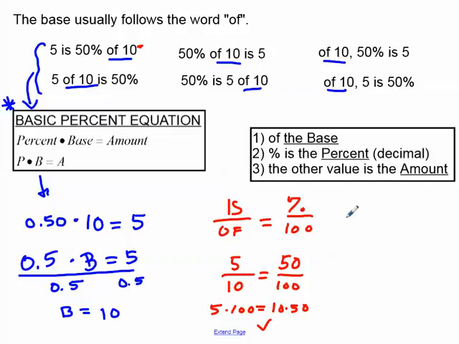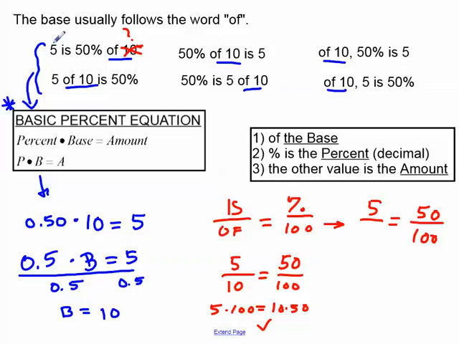And this is just translating this statement into the is to of statement. But if we didn't know what the base was, of what number? If we said 5 is 50% of what number, we'd say 5 is, 50 goes here, and 100 always goes there, because we're just moving this stuff over here and filling in some numbers from this red statement. We're pretending that we don't know what that 10 is.